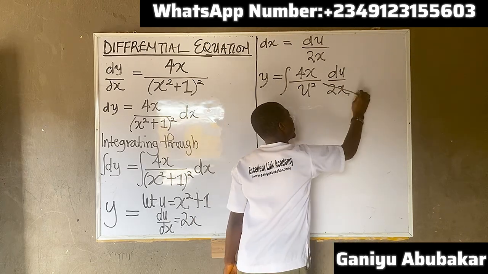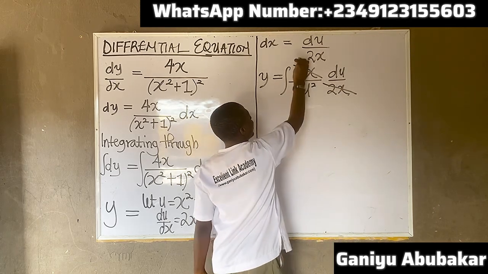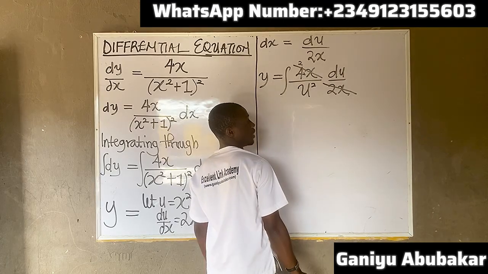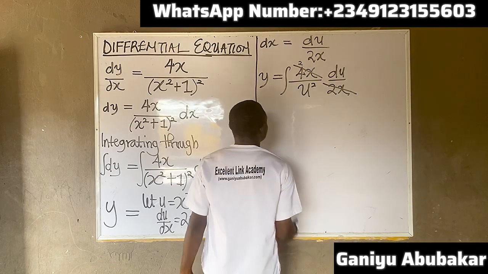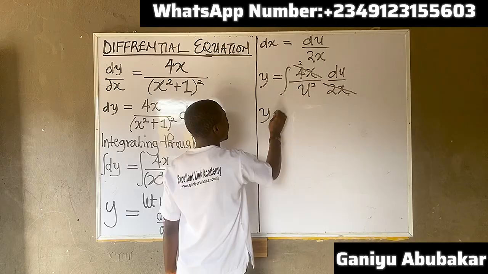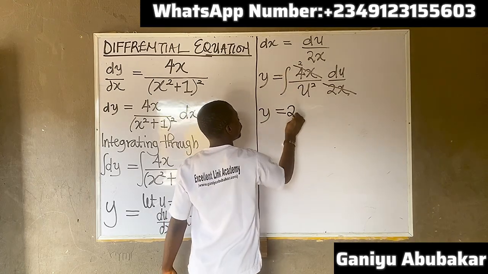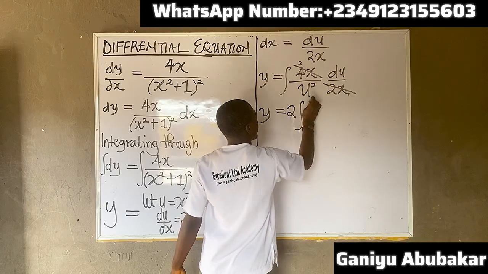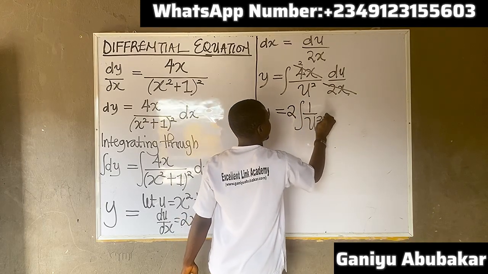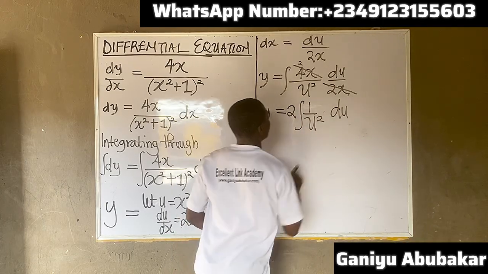Observe that this one now will cancel this. I'll have just 2 left here. That's the idea. So this gives you y is equal to, let this 2 come outside, that gives you 2 integral of what? I'll have 1 over u squared left, du.